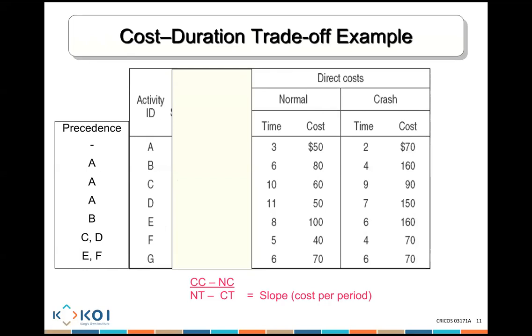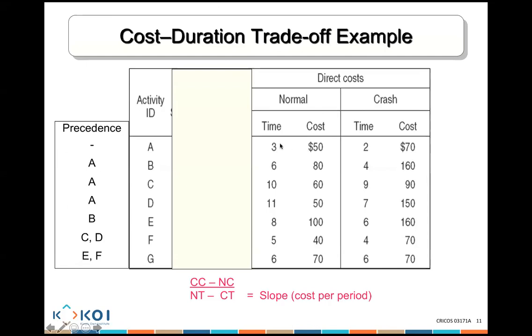But I can also finish activity A in 2 days instead of 3, which is what we call the crash time. Now, if I finish it in 2 days, it's going to cost me $70 instead of $50 to finish in 3 days.